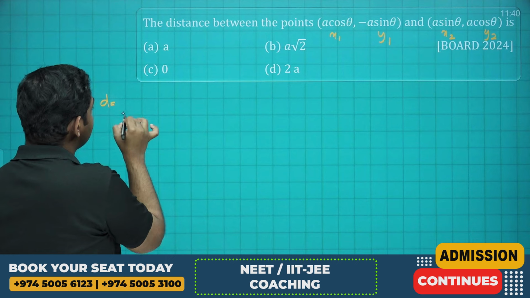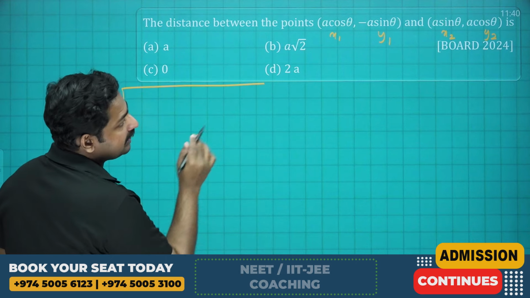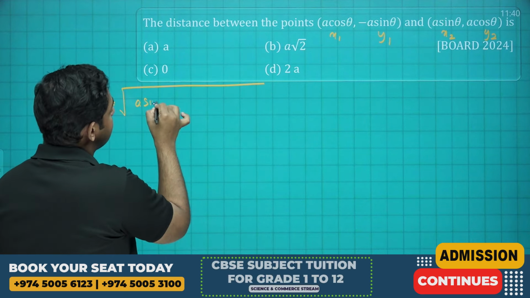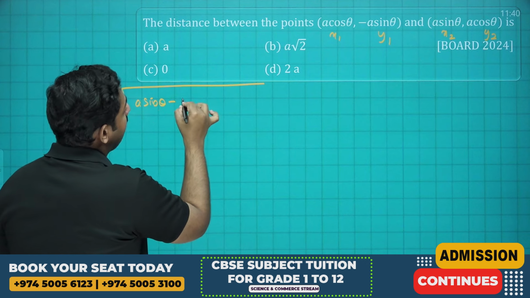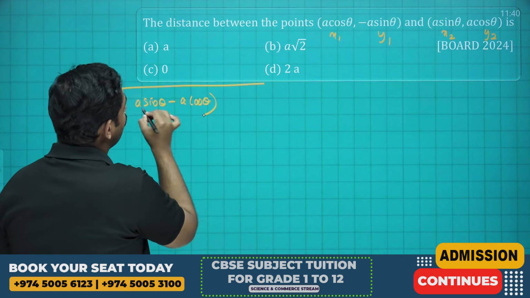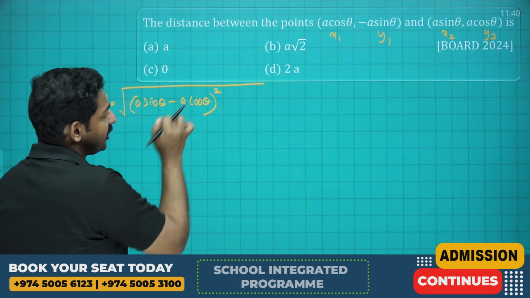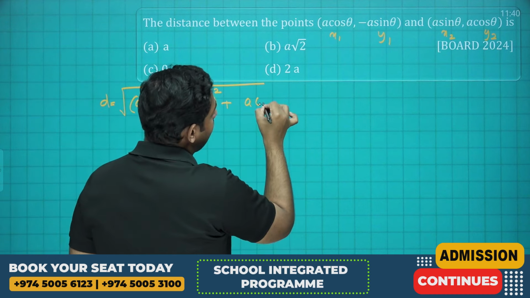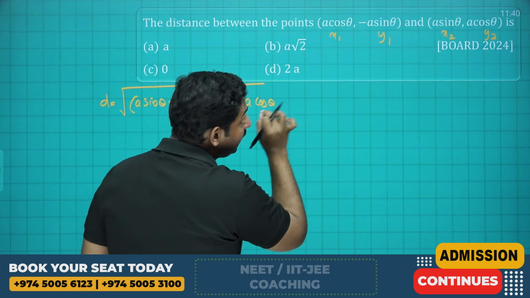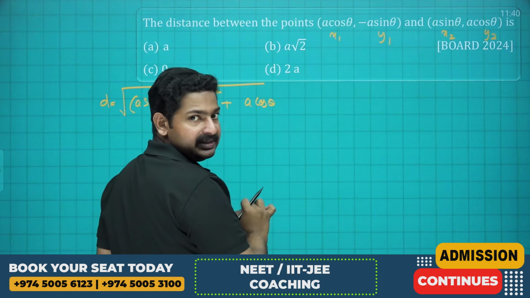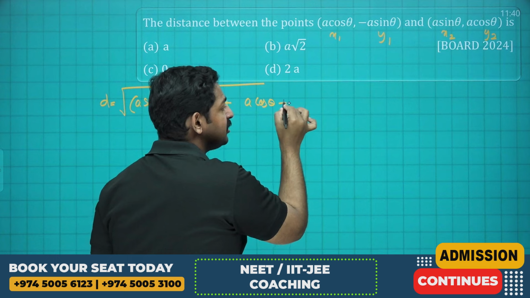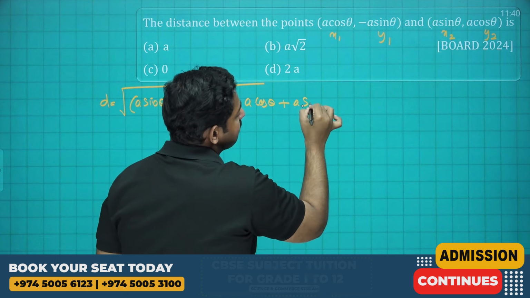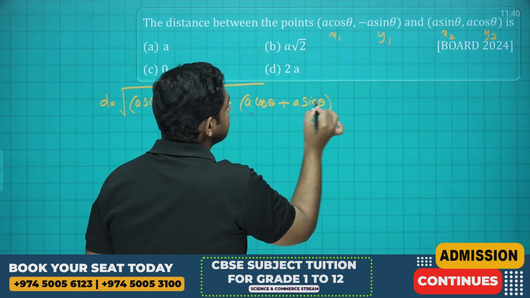Distance d is equal to root of x2 minus x1, so a sin theta minus a cos theta the whole square. So x2 minus x1 the whole square plus y2 minus y1, so y2 means a cos theta minus a sin theta, correct? So minus means it becomes plus, so plus a sin theta the whole square.